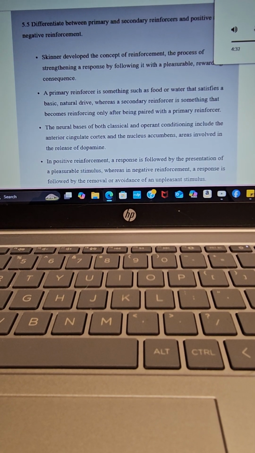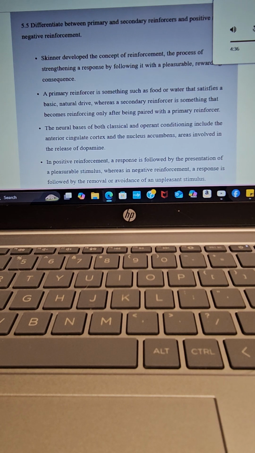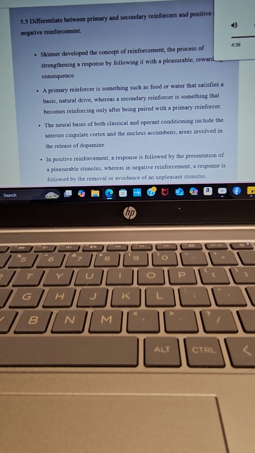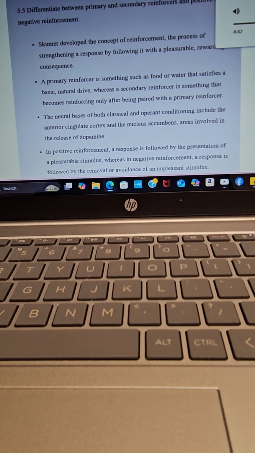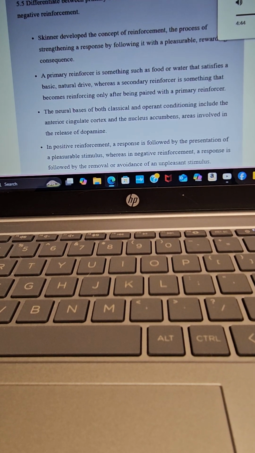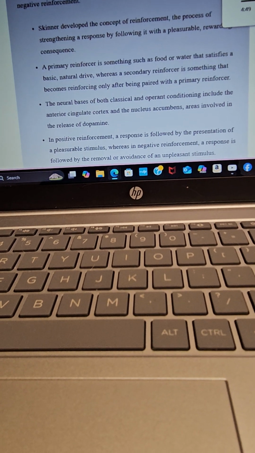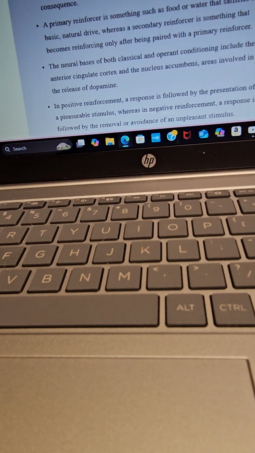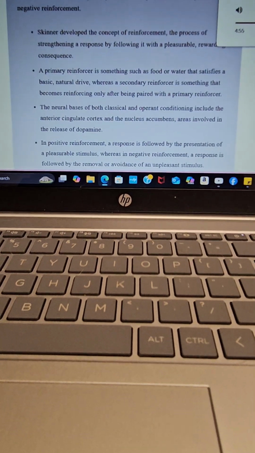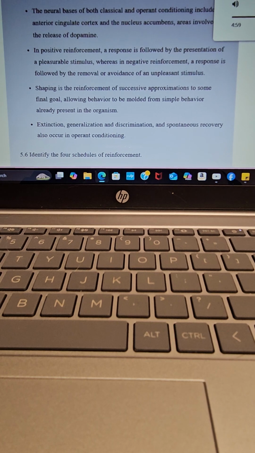Skinner developed the concept of reinforcement, the process of strengthening a response by following it with a pleasurable, rewarding consequence. A primary reinforcer is something such as food or water that satisfies a basic natural drive, whereas a secondary reinforcer is something that becomes reinforcing only after being paired with a primary reinforcer.